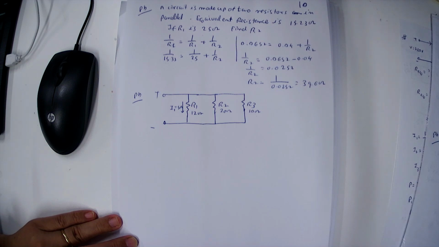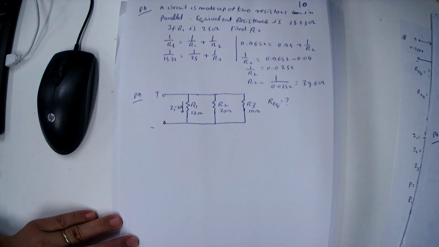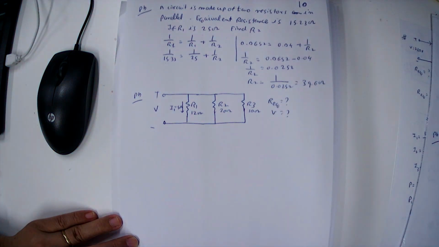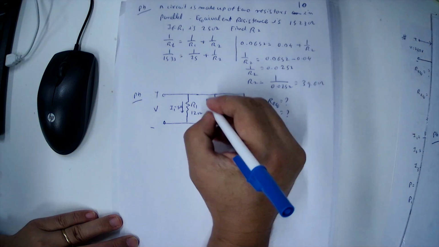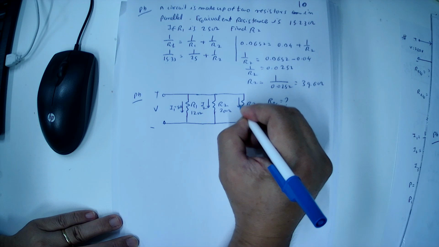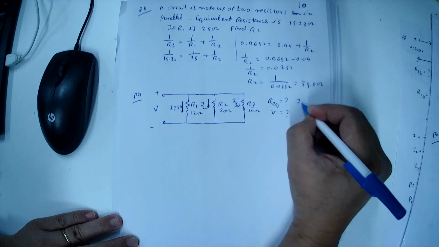First, we have to find the equivalent resistance, and also the applied voltage V. We also need the currents in R2 and R3, I2 and I3.